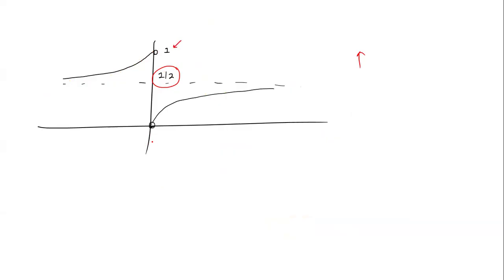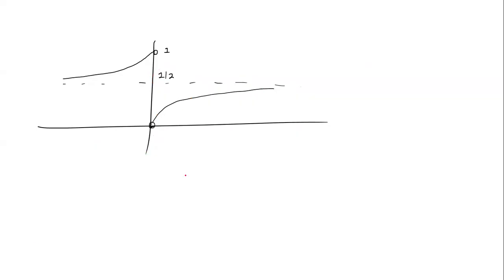Then for x tending to 0 plus we have value 0, and for x tending to plus infinity we will have this value half. So again this curve is increasing, so this will look like this. Somewhat this type of curve will appear for our function. This is an increasing function, and that's why we assume this type of curve will come for our function.